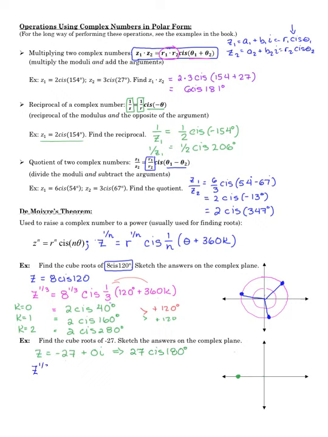All right, so z to the 1/3, and again, we're working off of this, is going to be 27 to the 1/3, cis 1/3 again, theta plus 360k. I don't usually write that first line; I usually go right into it. So the cube root of 27 is 3. Oh, sorry, that 180 is what I should have filled in here.